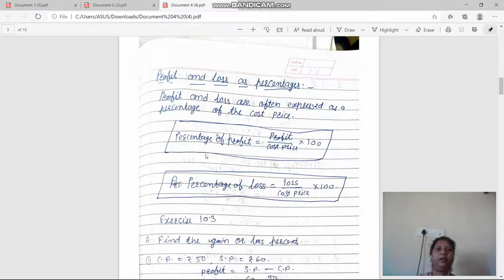Percentage of profit is equal to profit upon cost price multiplied by 100. Once again say with me, percentage of profit is equal to profit upon cost price multiplied by 100. Next, percentage of loss is equal to loss upon cost price multiplied by 100. Get it?